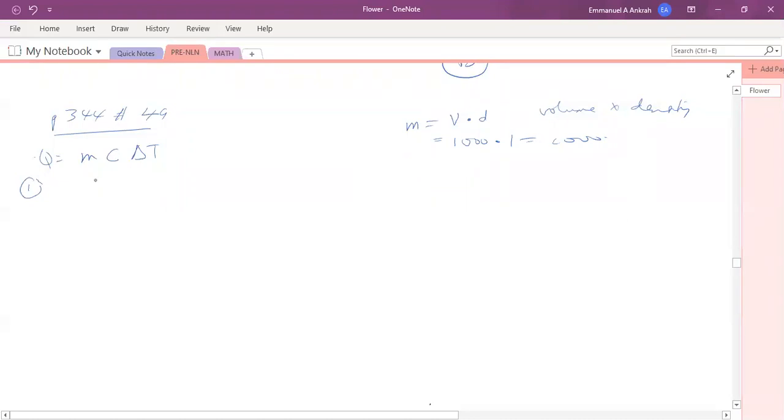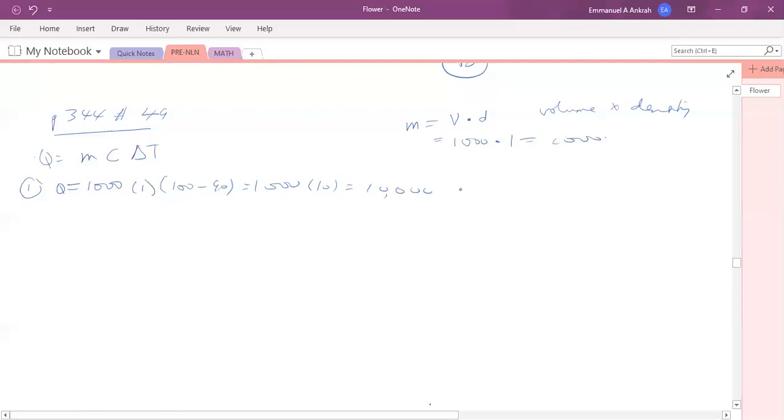So the first one, the quantity of heat will be the mass, which is 1,000, times specific heat, which is 1. It's always going to be 1 for water. And then the change in temperature, here you have 100 minus 90. So it's 1,000 times 10, and then you have 10,000.